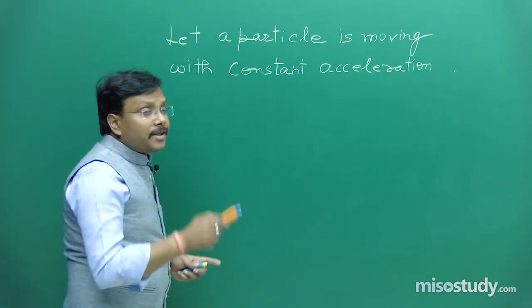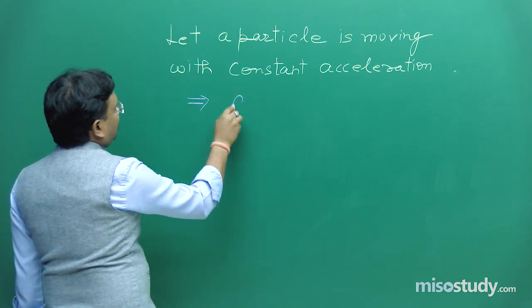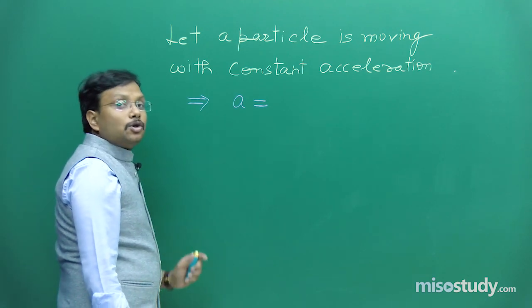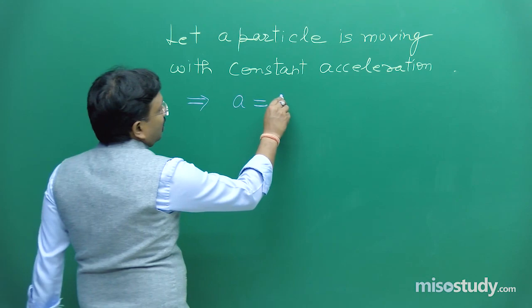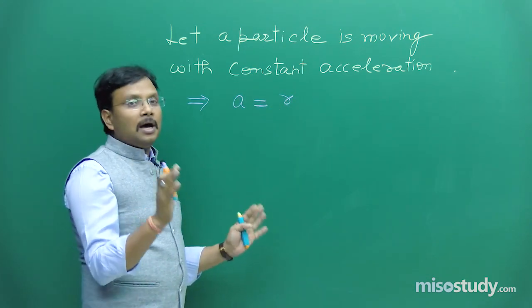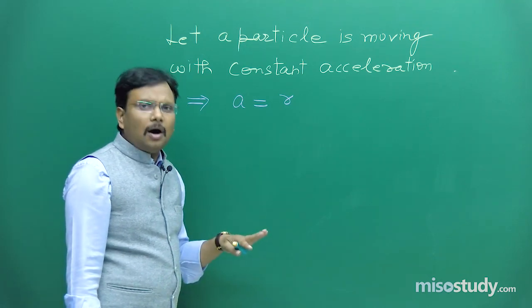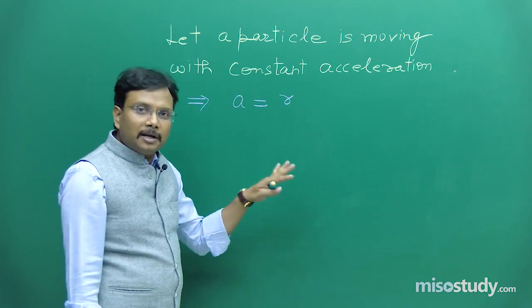So what can we say? We can say acceleration a is equal to the rate of change of velocity with respect to time. And this is something which I am explaining for your understanding. In examination, if they ask, it is not always essential to keep it like that. You can make it in a shorter form.